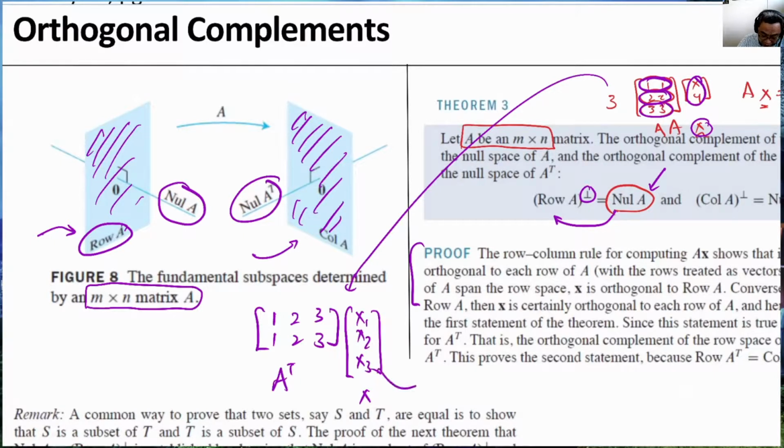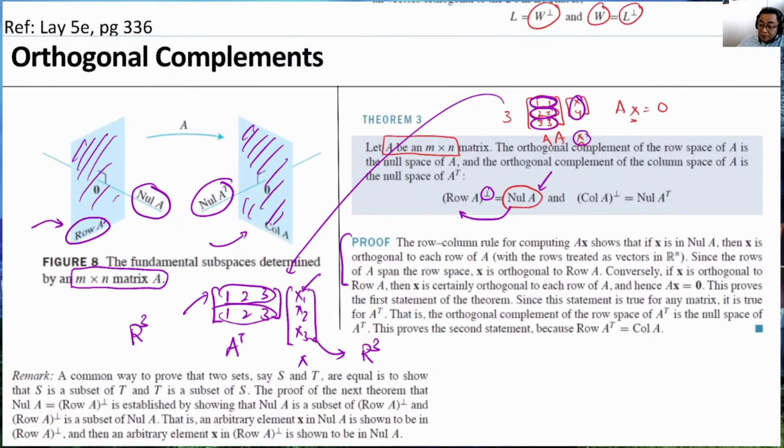Now this belongs to R3. The row space of A transpose is R3. The rows of the A transpose multiplied by the x vector that gives you the null solution is perpendicular to the row space. Thank you.